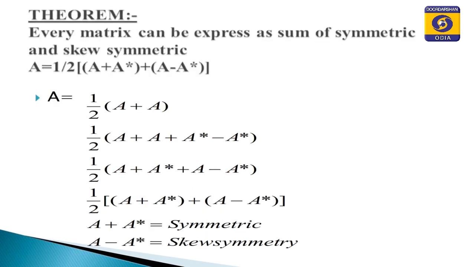Next we have one theorem. Every matrix can be expressed as the sum of a symmetric and a skew symmetric matrix. We prove this theorem.